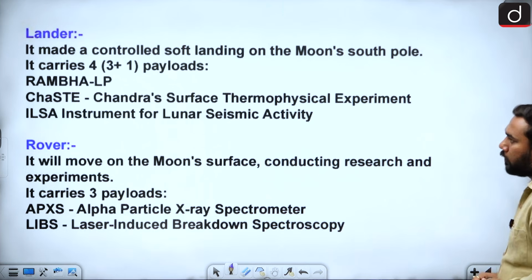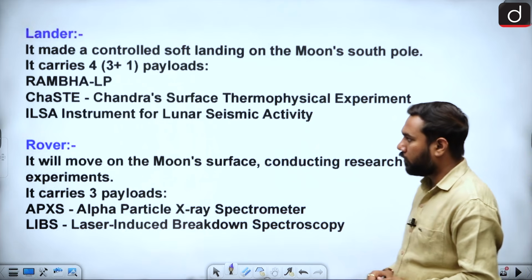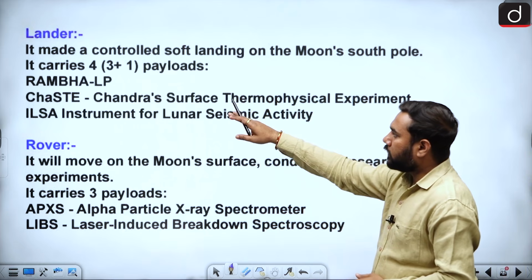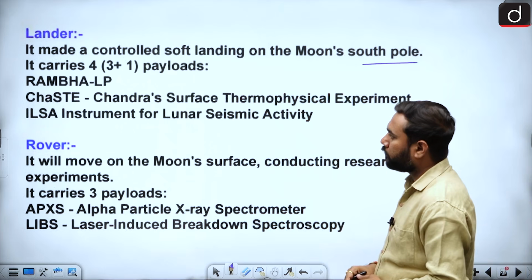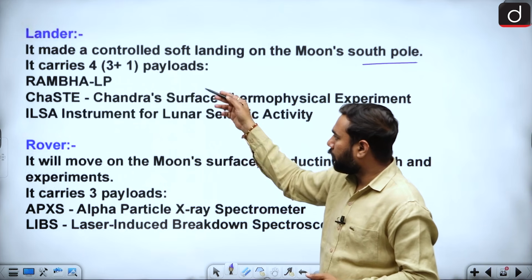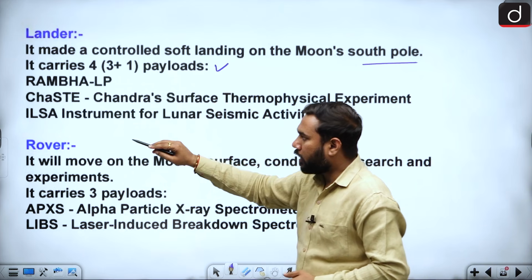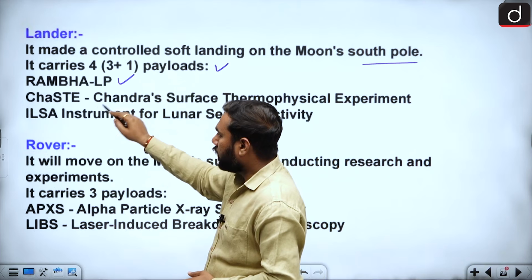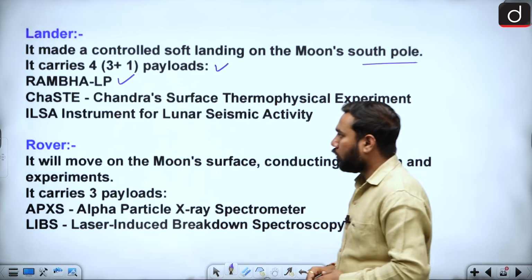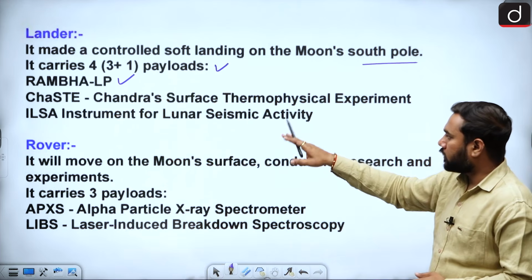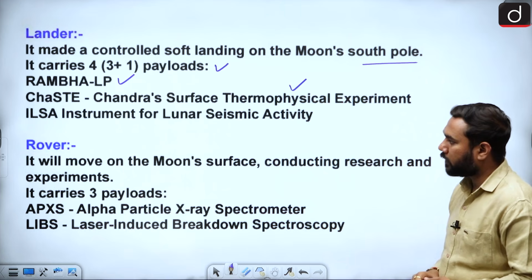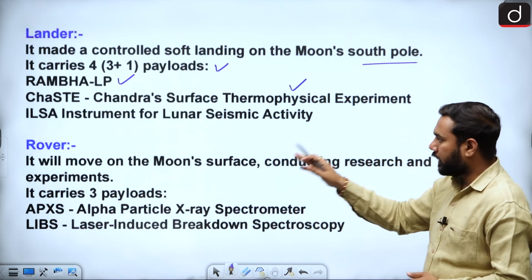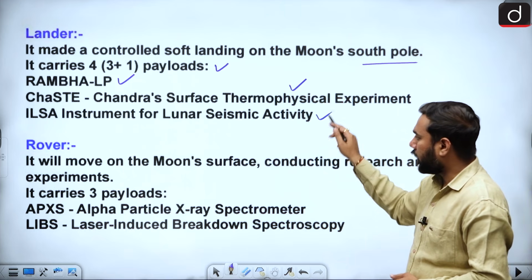And when I am talking about the lander and rover, your lander makes a controlled soft landing on the moon's south pole. It carries 4 payloads. There is the RAMBHA payload, the ChaSTE payload, which is the Chandra's Surface Thermophysical Experiment, related to temperature, and also ILSA, the Instrument for Lunar Seismic Activity.